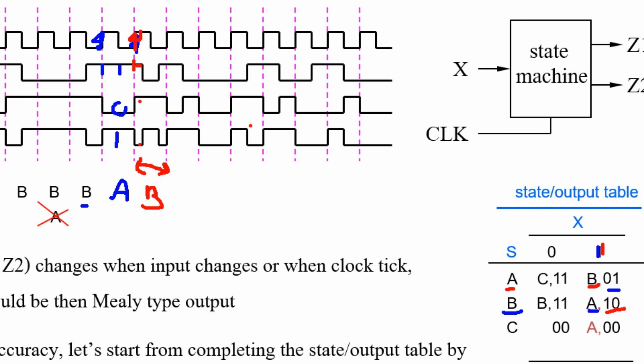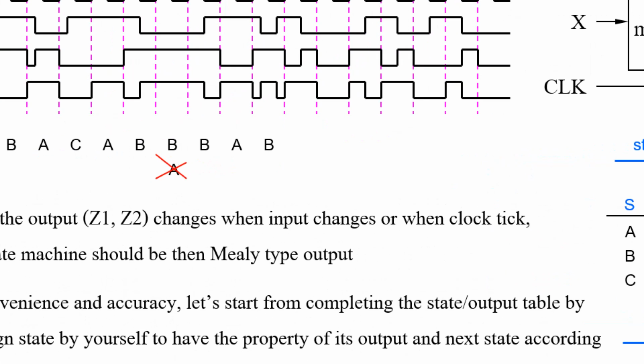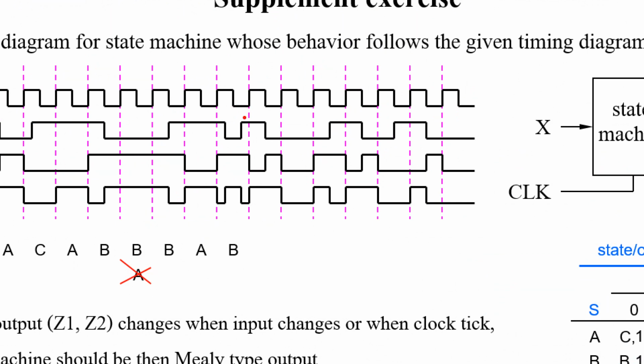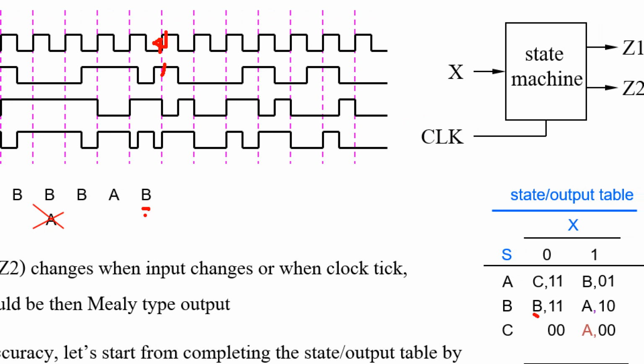When x is 0, output is 1, 1. So state B here. Okay, A, B. And then now state B, right? Clock tick. When input x is 1, based on this table, go to state B. Okay, continue. Namely, when x is 0.